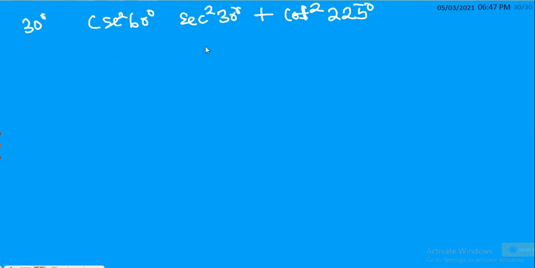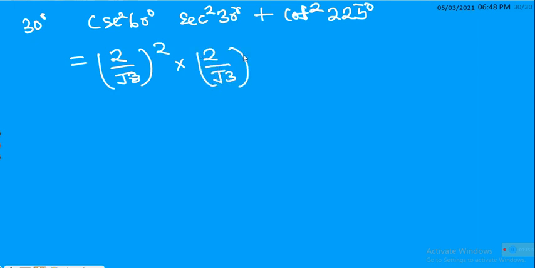So first thing, cosec square 60, where sine 60 is root 3 over 2. So cosec 60 is 2 over root 3. So this is 2 over root 3 all squared times sec 30, which is 2 over root 3 all squared, plus cot square 225.